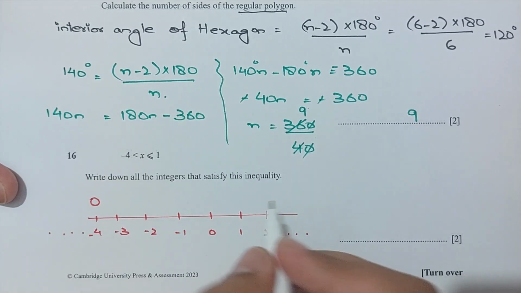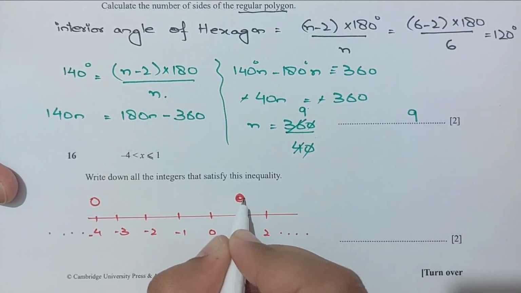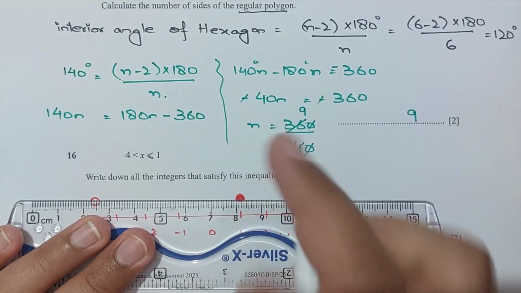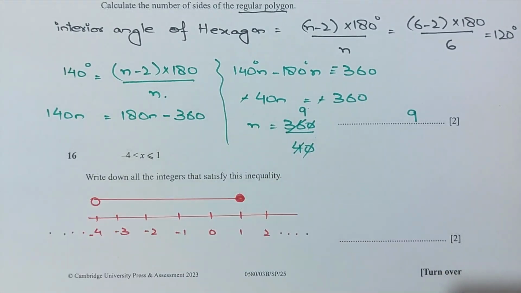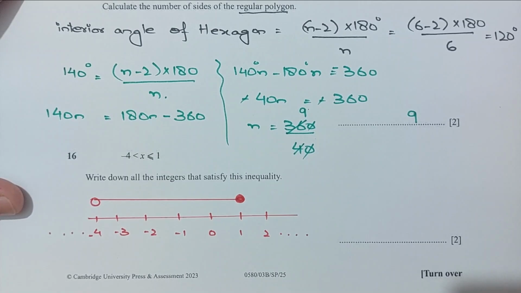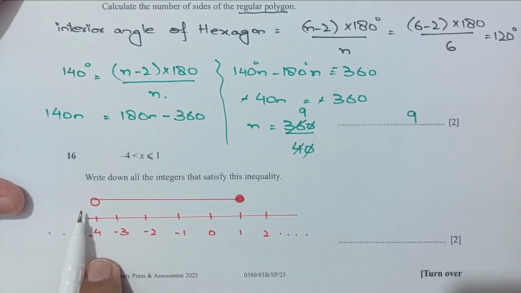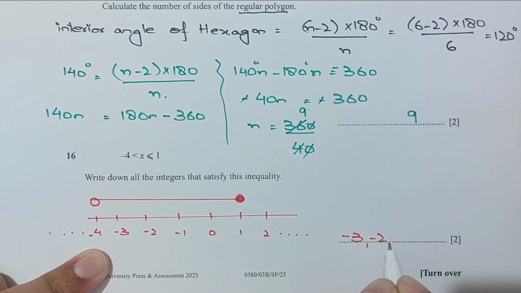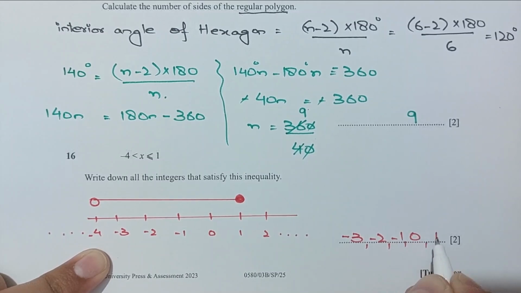Minus 4 is not included, and 1 is a filled circle because 1 is included. This is the region which satisfies the inequality. So what are the integer values? Minus 4 is an integer, but it's not included in the inequality. Minus 3, minus 2, minus 1, 0, and 1. So these are the only integer values that satisfy the inequality.